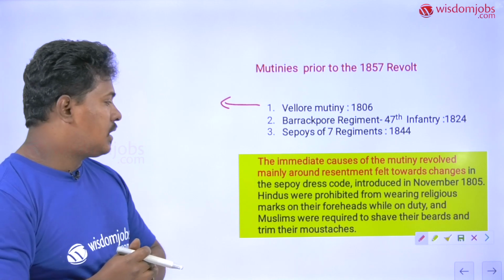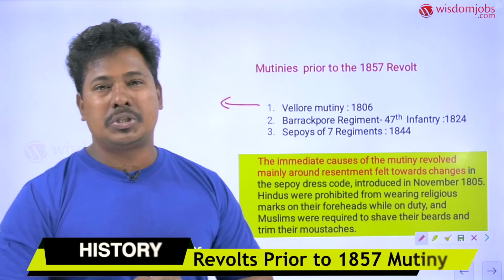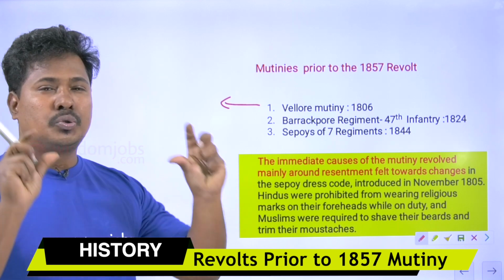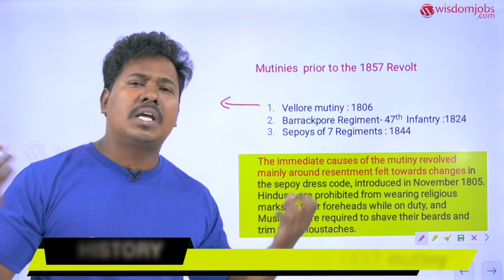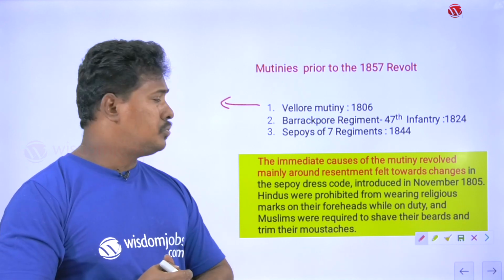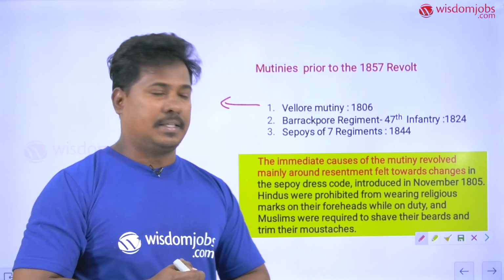And third, Muslims were required to shave their beards cleanly. This was also a main problem for the Muslims, and a great hurdle to the traditional beliefs and faith of the Muslim brothers.